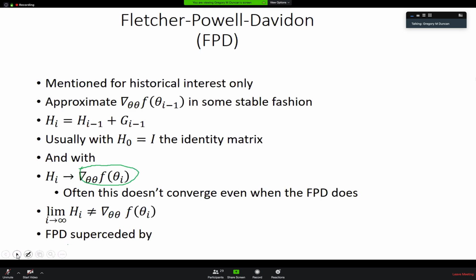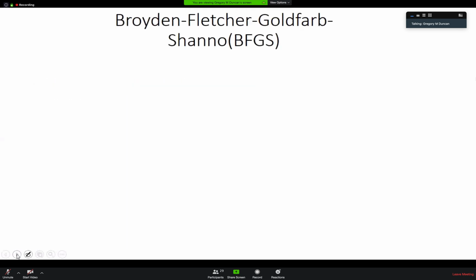The Fletcher-Powell-Davidon was superseded by the Broyden-Fletcher-Goldfarb-Shanno, the BFGS. You don't need the details of this, but it does two things.